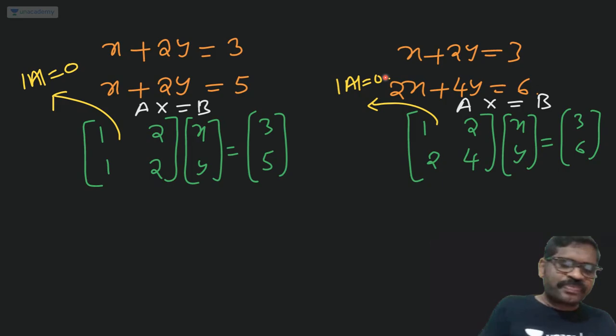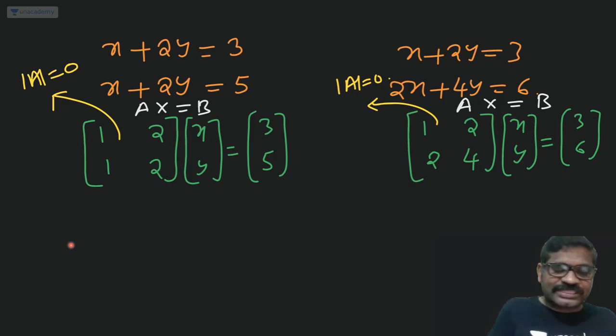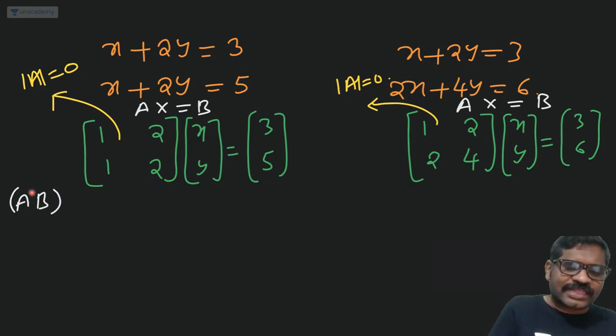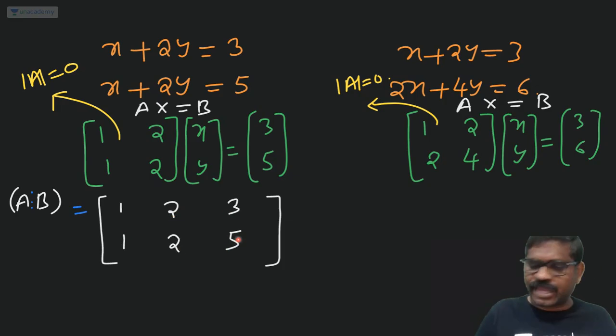The augmented matrix AB is A and B written combined in one matrix. 1, 2, 1, 2, 3, 5.